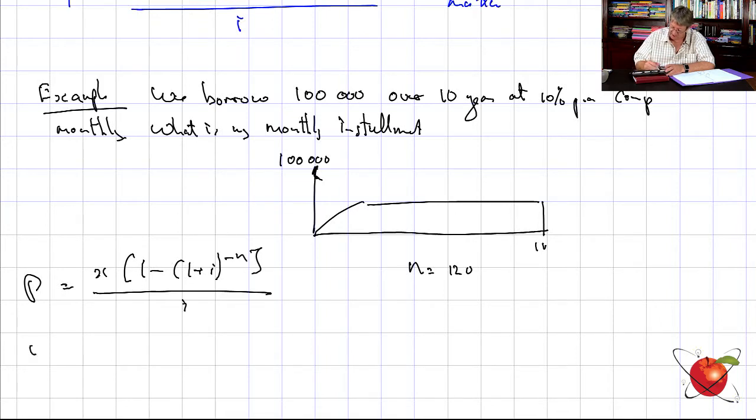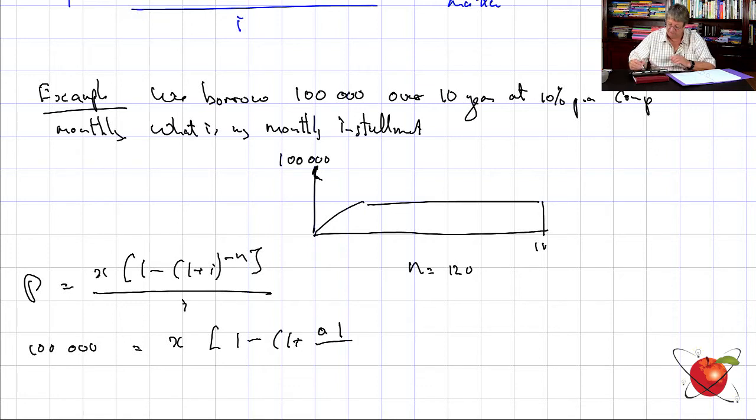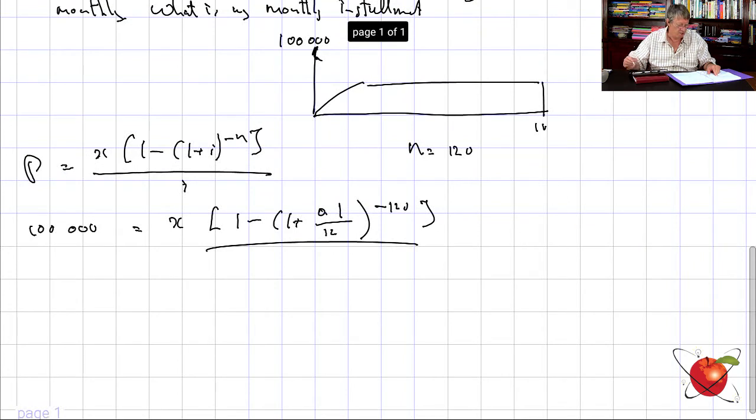P I know is 100,000, equal to X, which I don't know, the monthly repayment, times 1 minus 1 plus 0.1 divided by 12 to the power of minus 120, all over 0.1 divided by 12.